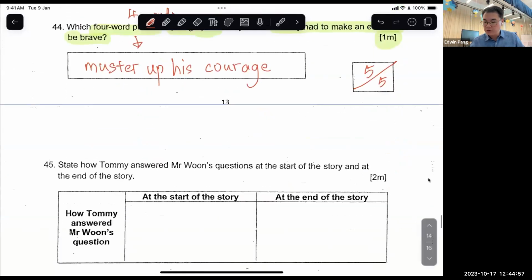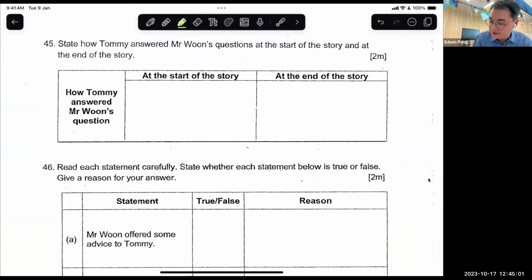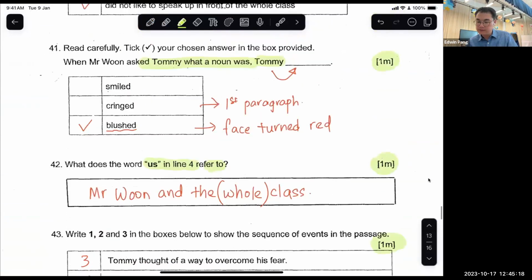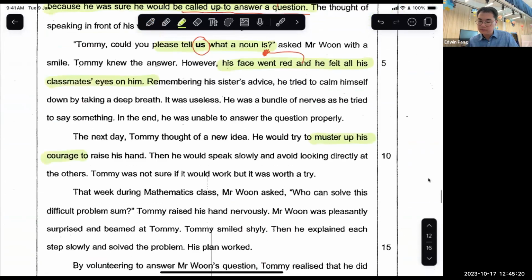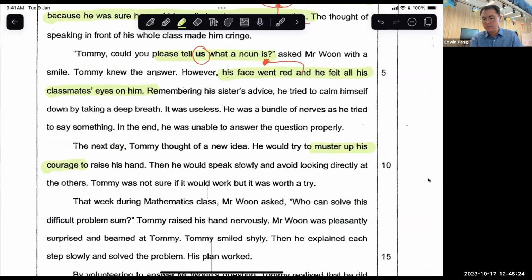Okay, next page. Now this one is slightly more difficult. You have to look at the start and the end of the story, how he answered at the start and how he answered at the end. I must compare the two. So if I go all the way to the top, to the start, and then I highlight here: he was unable to answer the question properly.